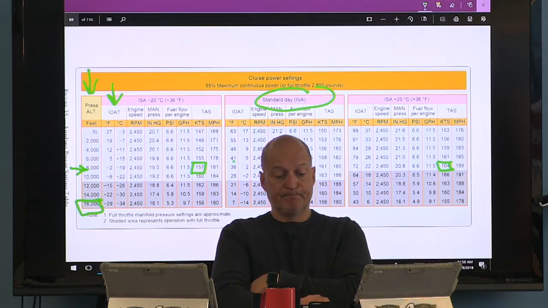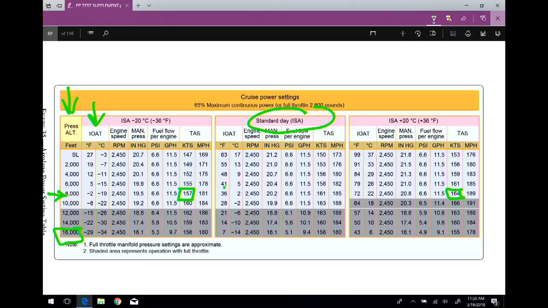What say you? What do you think? Zane, what do you think? What's the first thing we have to do? First of all, what we're doing here, I'm going to erase some of this stuff. Which box are we working with?